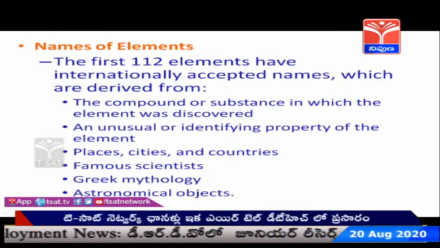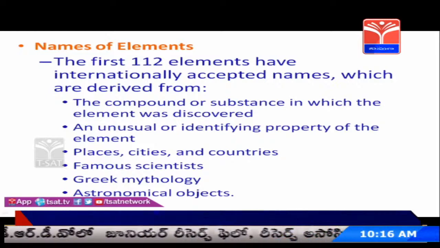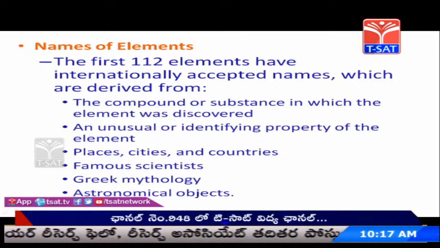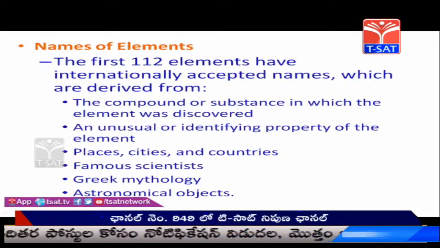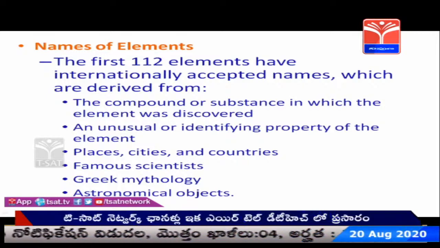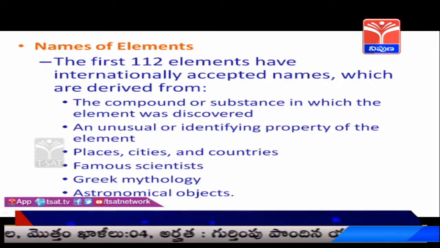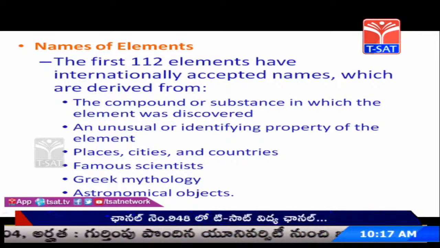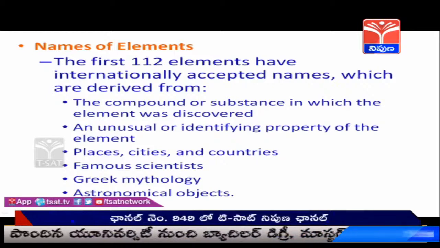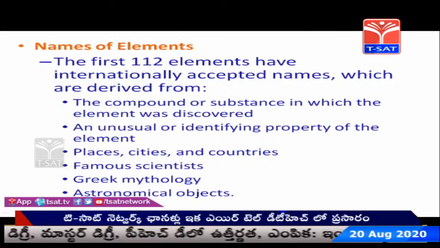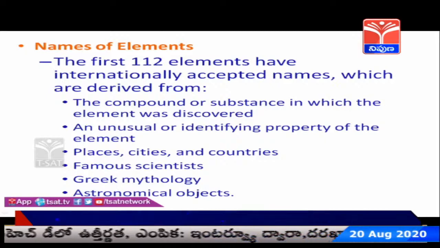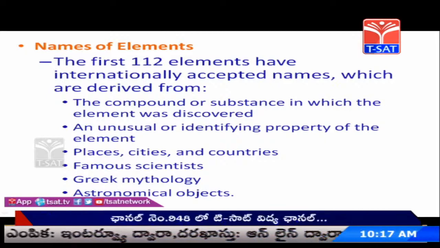The compound means 2 or more elements combined together to make such a compound. An unusual or identifying property of the element, by virtue of places, by virtue of cities and countries where the elements were found.